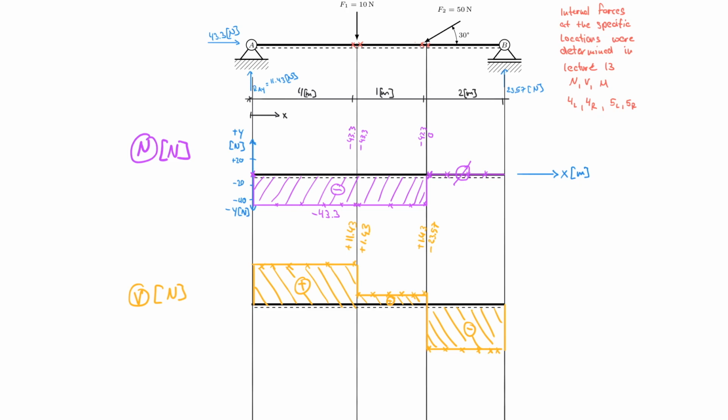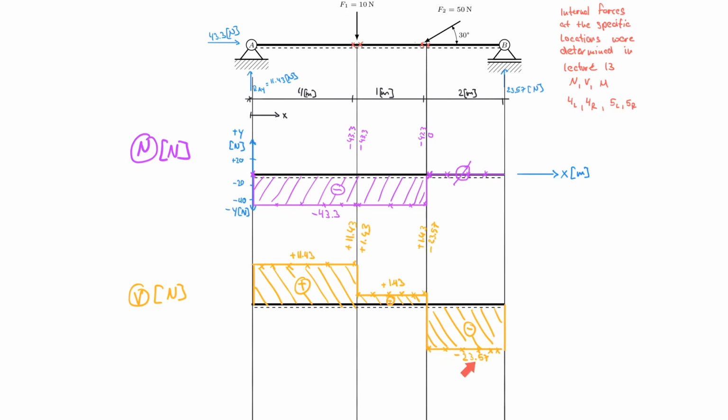The way you would see it in the real world would be plus 11.43, plus 1.43, and then minus 23.57. And that is now a complete shear force graph, which has an identifier, a unit, and what are called significant values.